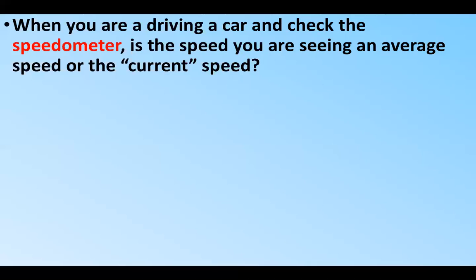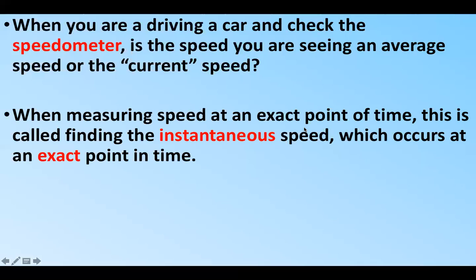And when we're talking about that current actual speed, we're talking about instantaneous speed. And whenever you hear instantaneous, that's going to be the slope of the tangent line, or the derivative. So it is your instantaneous or your current actual speed. So if you want to know exactly how fast you're driving, you're going to need to take the derivative, because that's going to give you the instantaneous speed.